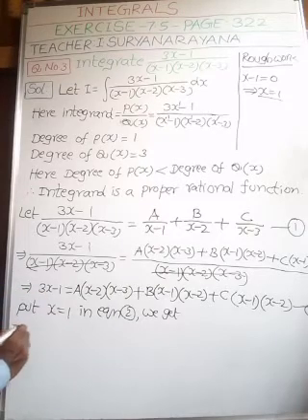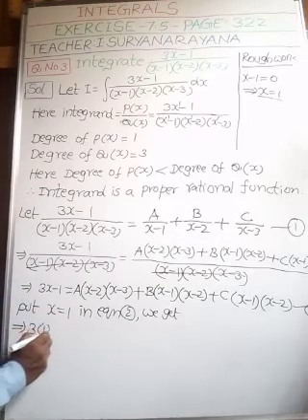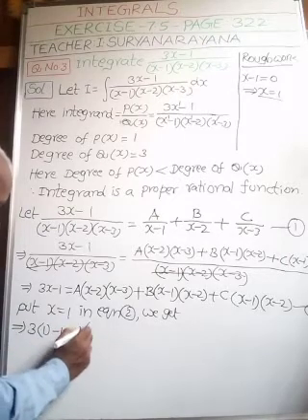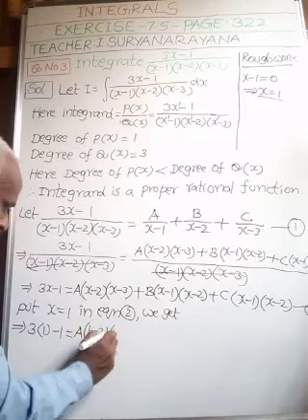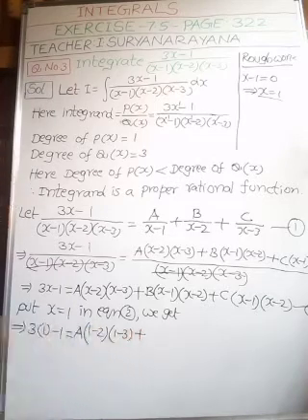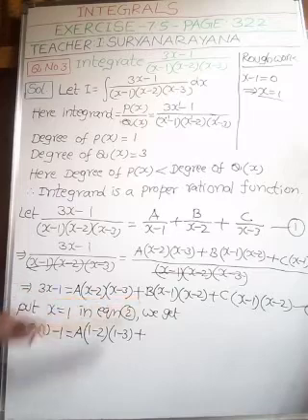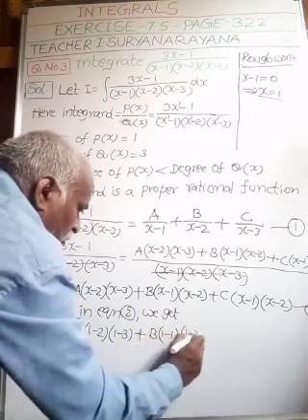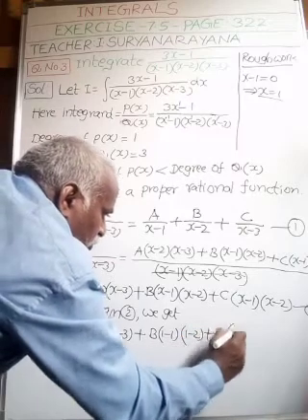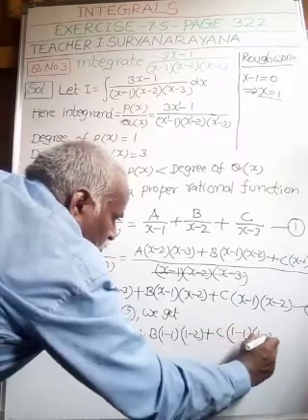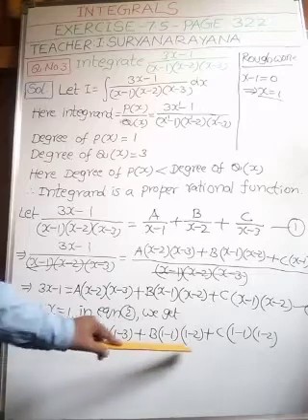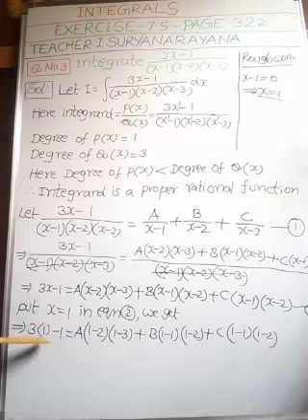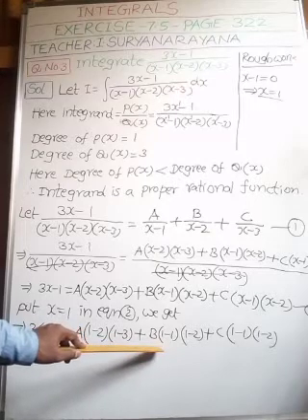This implies 3 into 1 minus 1 is equal to a into 1 minus 2 into 1 minus 3, plus b into 1 minus 1 into 1 minus 2, plus c into 1 minus 1 into 1 minus 2. Understood this step, my children? In equation 2, I substituted x is equal to 1. Then we got this step.